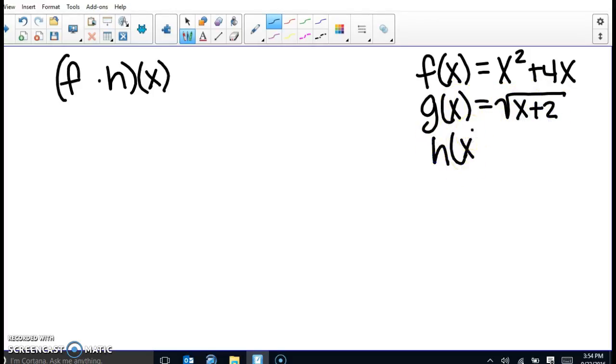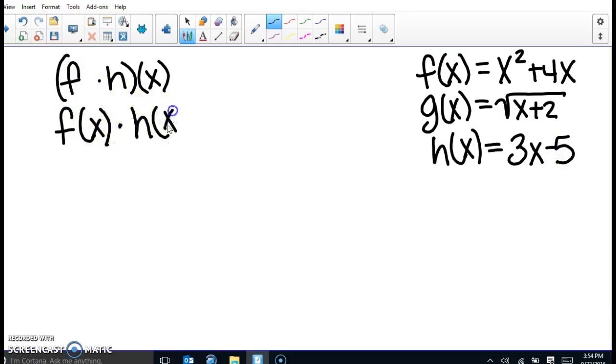And h of x is 3x minus 5. So we can rewrite this as f of x times h of x. And again, just substitute. We're going to substitute x squared plus 4x in for f of x, and 3x minus 5 in for h of x.